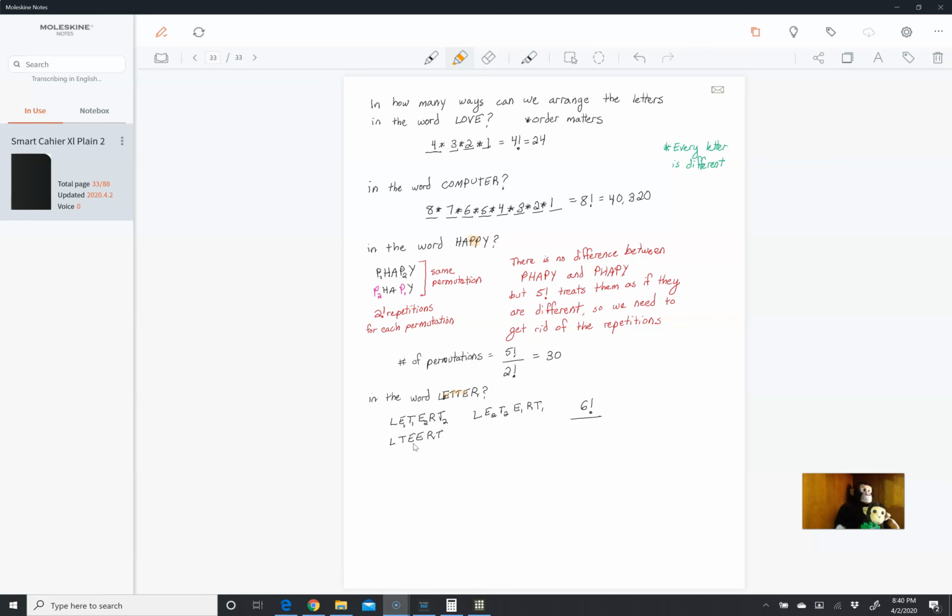So how many different ways can the E's be rearranged? For each permutation, the E's could be arranged in 2 factorial ways. And the T's could be arranged in 2 factorial ways.